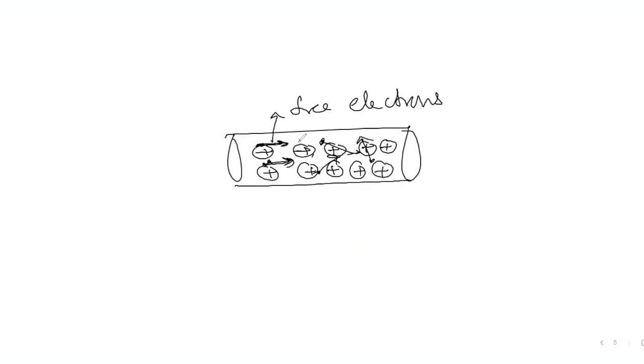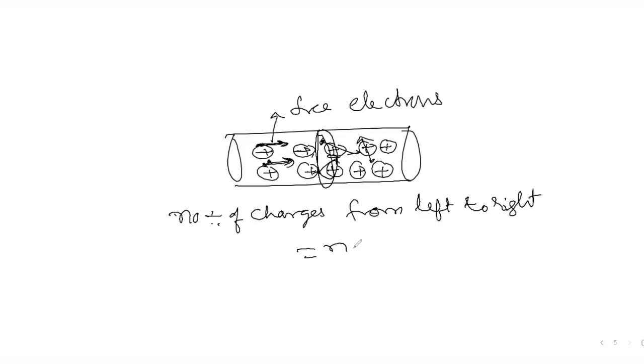In this conductor, if I take a particular cross section, the number of charges moving from left to right is equal to the number of charges moving from right to left.